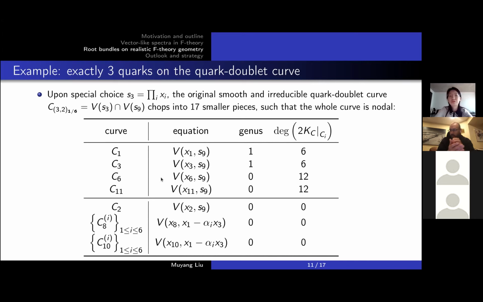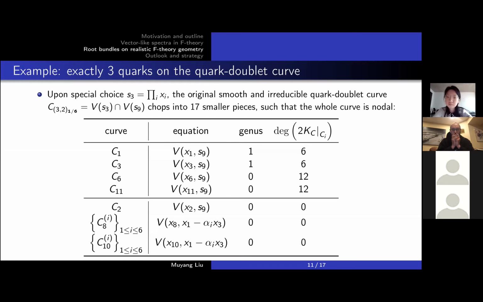There's no information. Oh, sorry. Yeah, so my question is, I see that slide, but there the genus of all the components of the matter curve is 1 or 0. Yes.